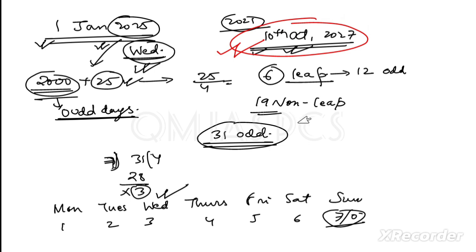I am giving you the options: Sunday, Monday, Tuesday and Saturday. Based on this concept, you have to solve this one. Now comment the answer. So let's move to the next practice question.